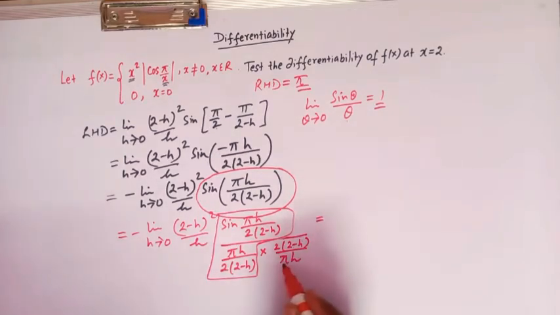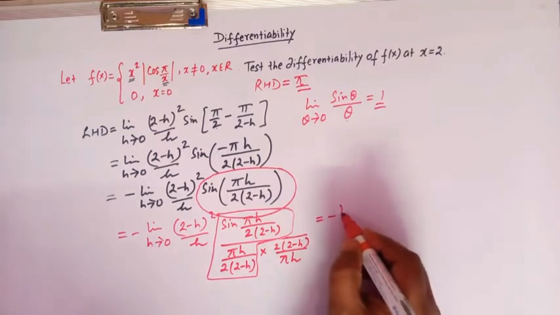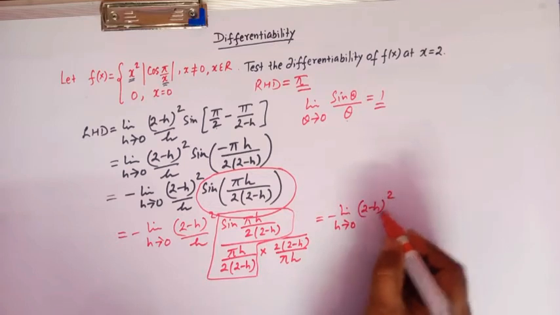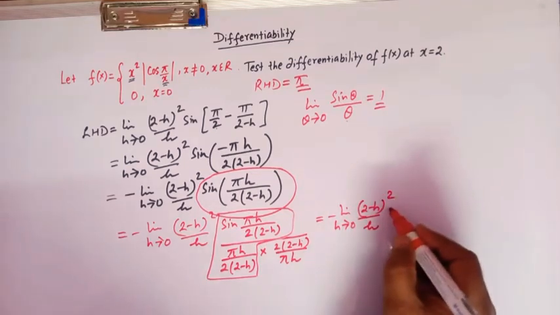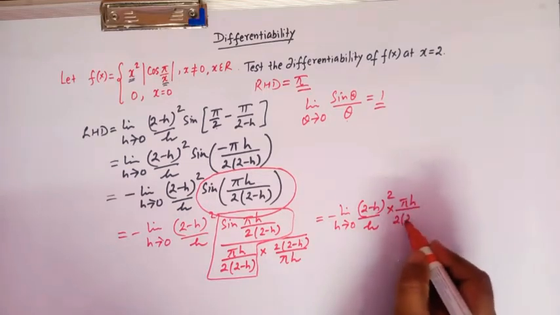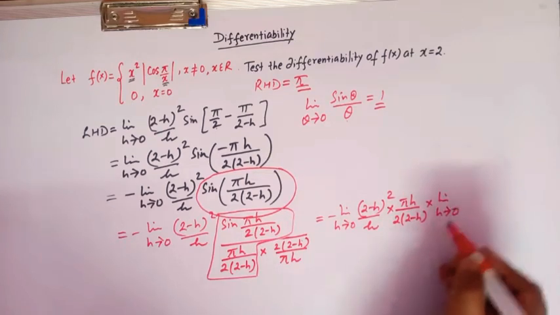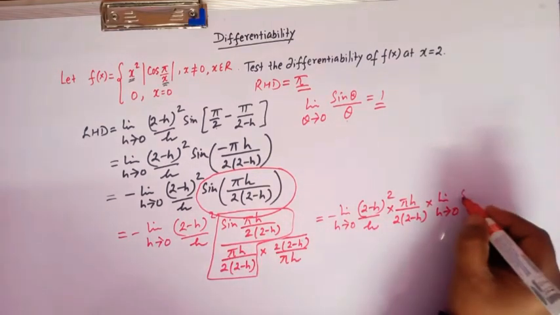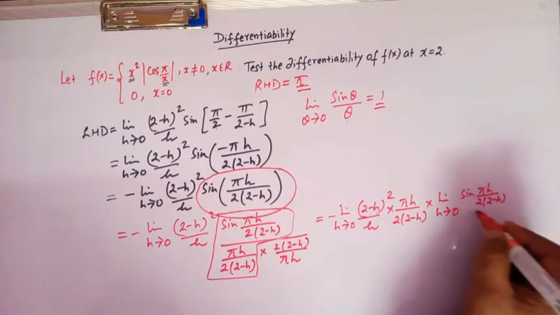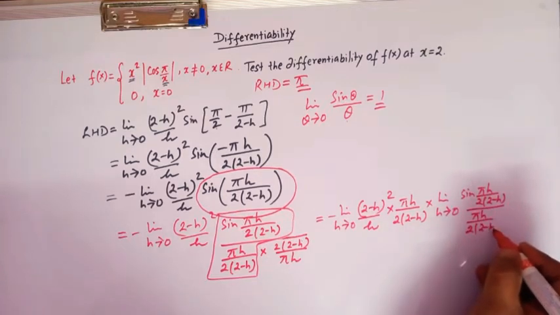So now taking this pi h to the numerator, we have limit h tends to 0, 2 minus h square over h, multiplied by pi h over 2 times 2 minus h, and we have limit h tends to 0, sine of pi h over 2 times 2 minus h over pi h over 2 times 2 minus h.